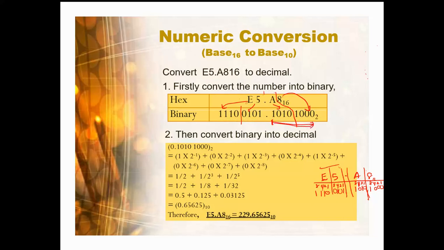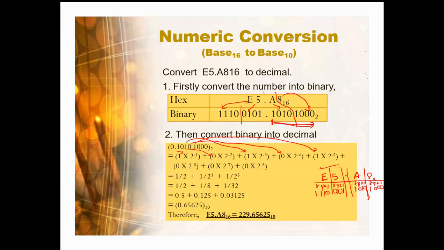Alright. So 1, 0, 1, 0, 1, 0, 0, 0. You multiply, after the floating point, the first digit is times power of negative 1, and so on. The rest being 0 you don't need to compute, because anything multiplied by 0 will be 0.